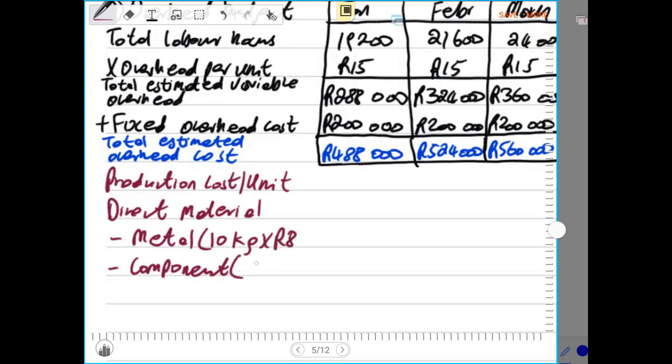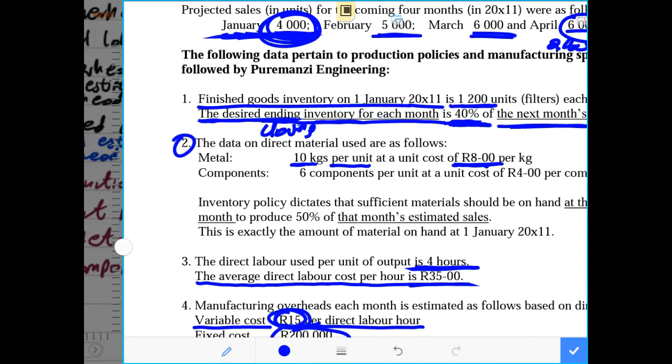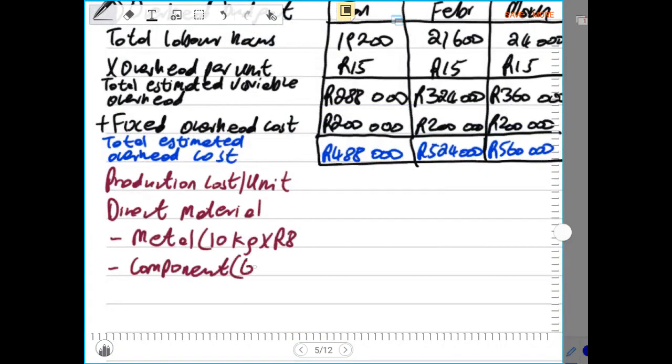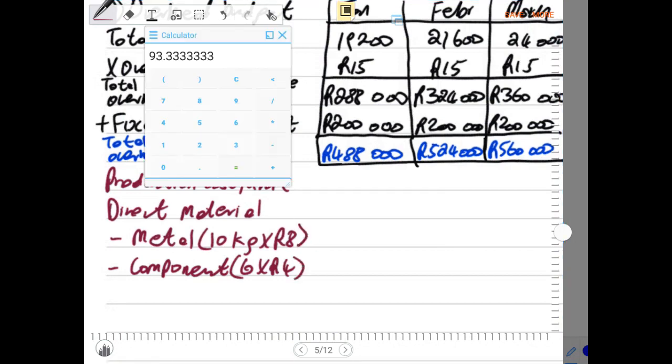Then when it comes to components, they told us that we need 6 components per unit, and those components are bought at 4 rand. So this is also per unit. Then we say 6 times 4. That will give us the material cost per unit. 10 times 8 gives us 80 rands.